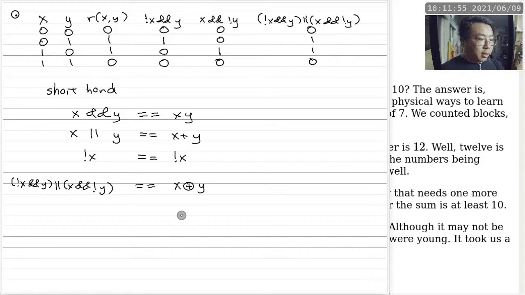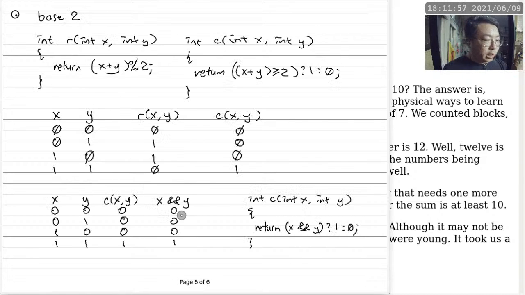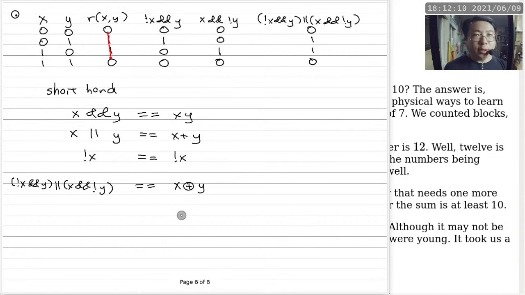Then we looked at the table and found that the C function is the same thing as a conjunction, so we can just use a conjunction to implement the C function. That's the easy one. The R function is a little bit harder, but we still figured out how to do it using just logical expressions.